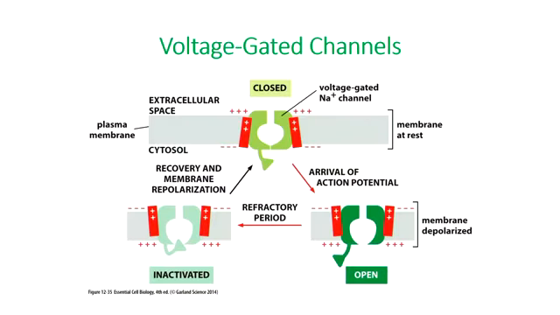Let's look at a voltage-gated channel now. So this is the plasma membrane in gray here. Here's a channel. It's a channel for sodium. And normally, the concentration of sodium is higher outside the cell than inside the cell because of the activity of the sodium pump. And there's also a slight excess of positive charge outside the cell relative to inside.